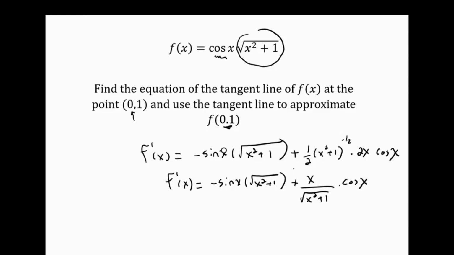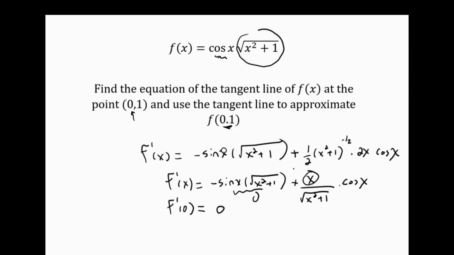Okay, well, we need the slope at 0, so we're plugging in 0. So we get f prime of 0. And here f prime of 0 would come out to be sine of 0 is 0, so this is 0 if we plug in 0. And then we have an x up here, so this would also be 0, so that means the slope is 0.